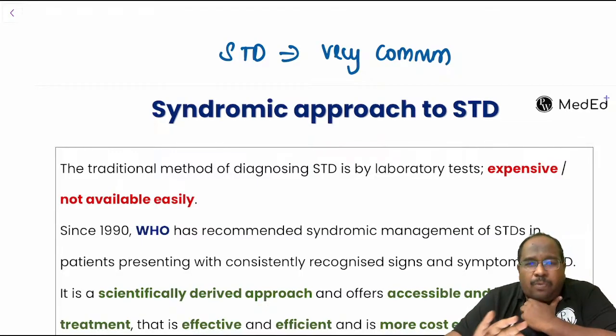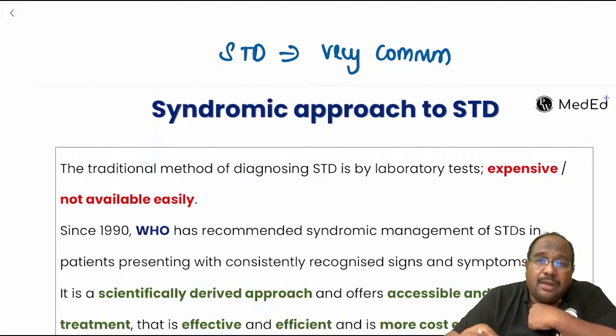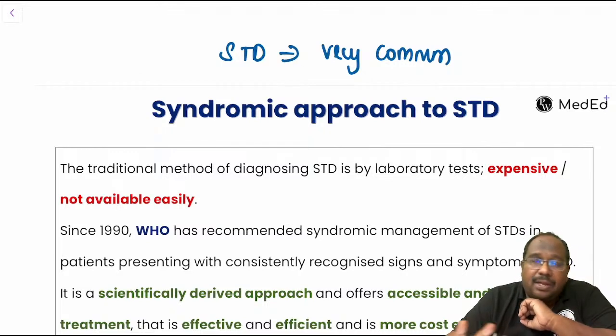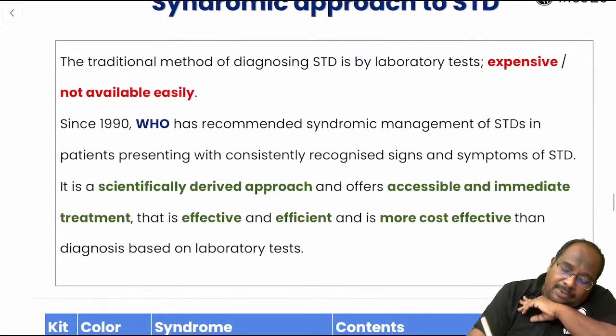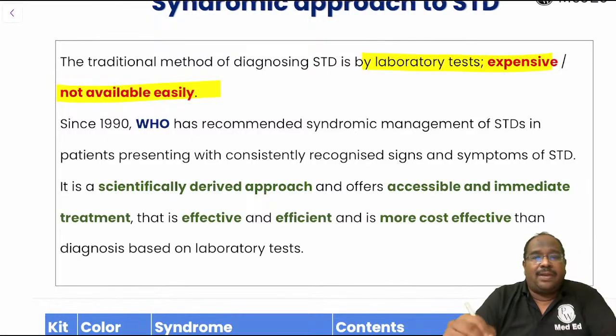One of the traditional ways is to find the organism and then start treatment, but that will be very difficult, because most of the time the investigation will be available only at district hospital level or medical college, and most of the time the patient may not go there. That's why they started this, because laboratory confirmation is very expensive and not easily available.